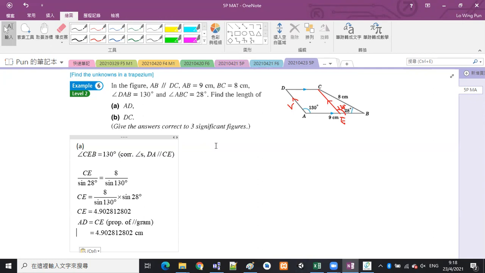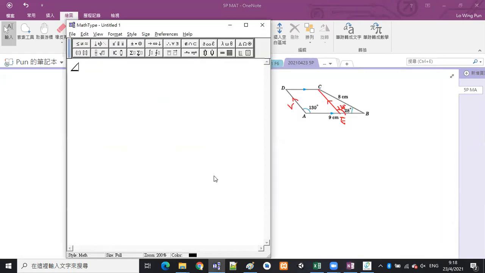Right? Okay, so let's find angle C first. Angle BCE is equal to 180 degrees minus 130 degrees minus 28 degrees. This is angle sum of triangle. That should be equal to, I think it should be 22 degrees, right?